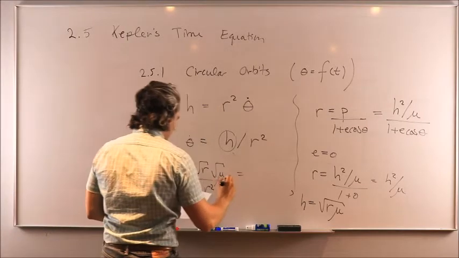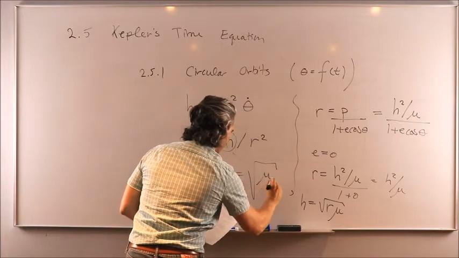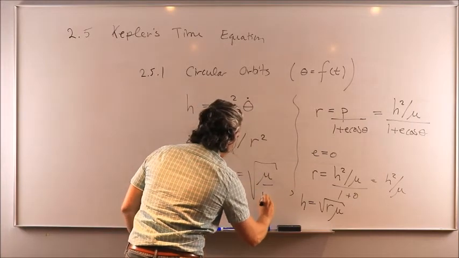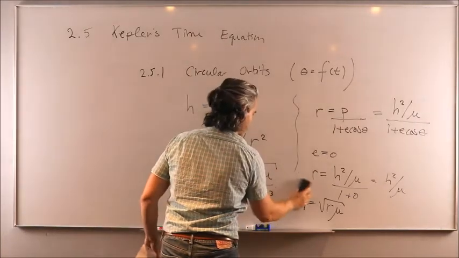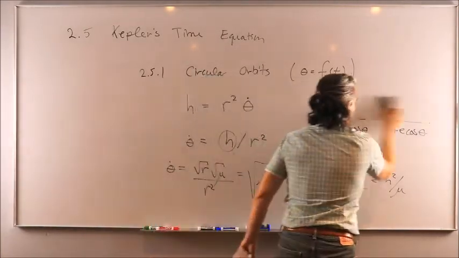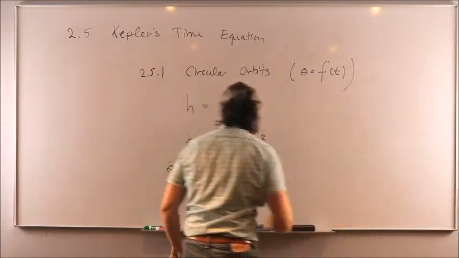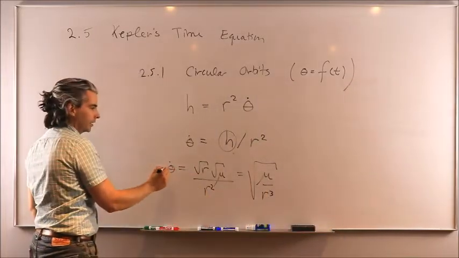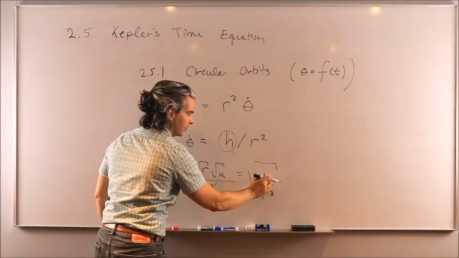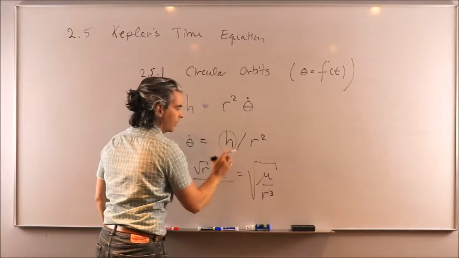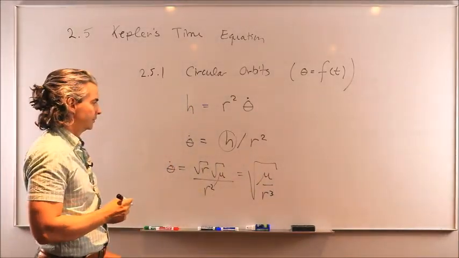Or in other words, that would be square root of mu over r cubed. So the rate of change in true anomaly is equal to the square root of mu, which is a constant, over r cubed, r being the distance between M1 and the spacecraft.